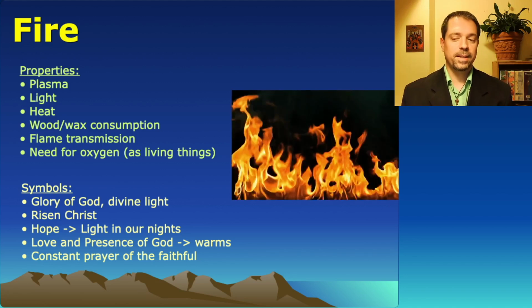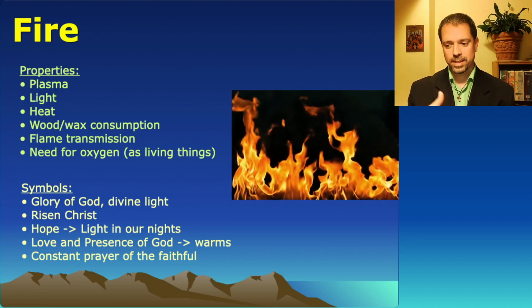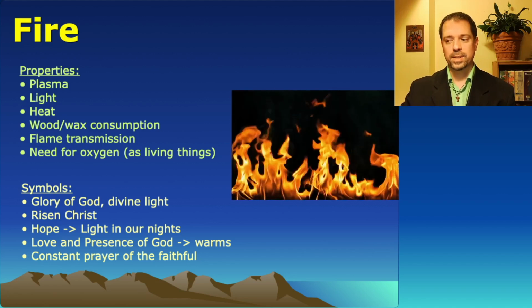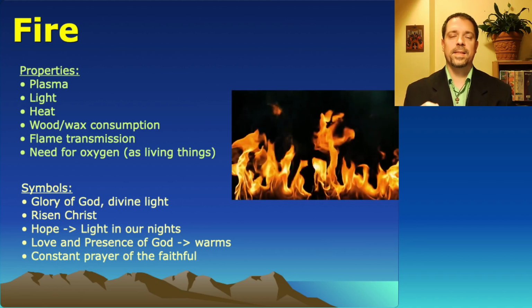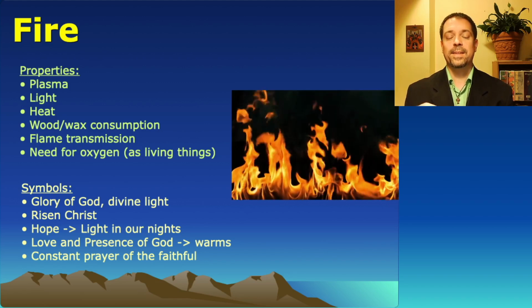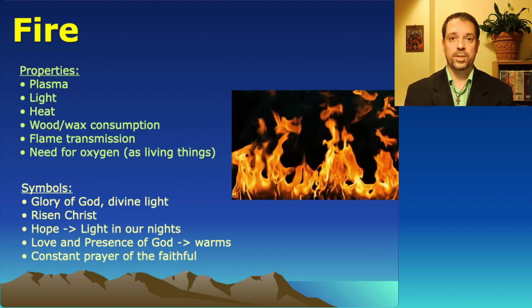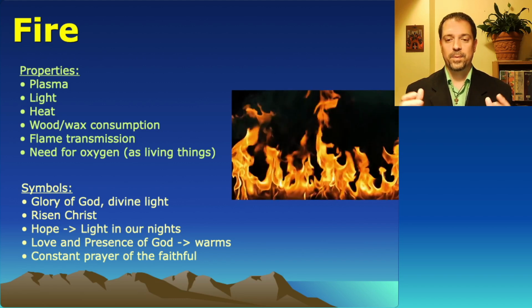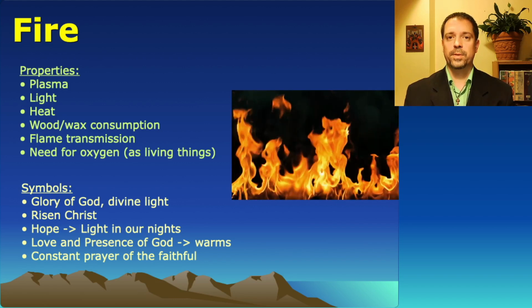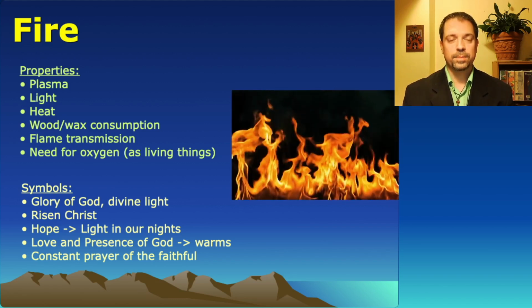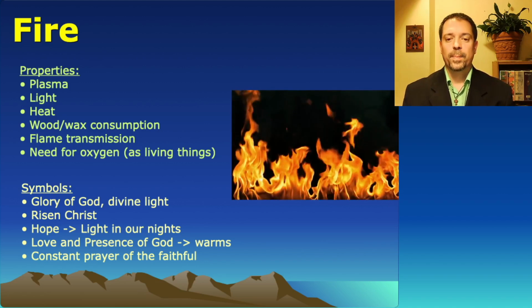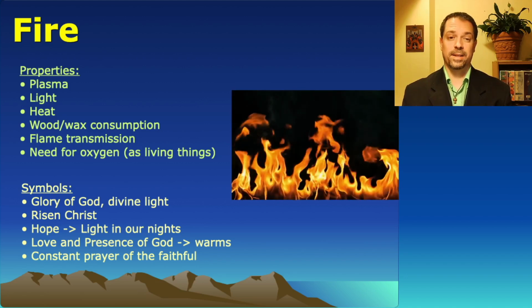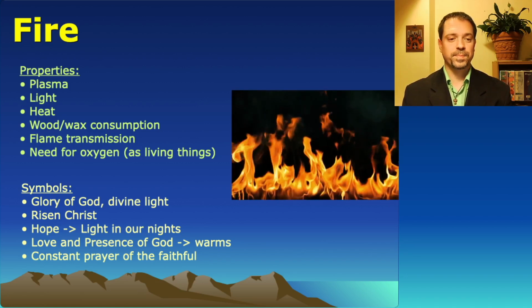But even in a wildfire, you can see it being transmitted. You can see it grow. One thing that fire has in common with living things is that it needs oxygen. If you cut off the oxygen, well then the fire dies out. We even use that word in English. It dies, which kind of implies that it was living before.